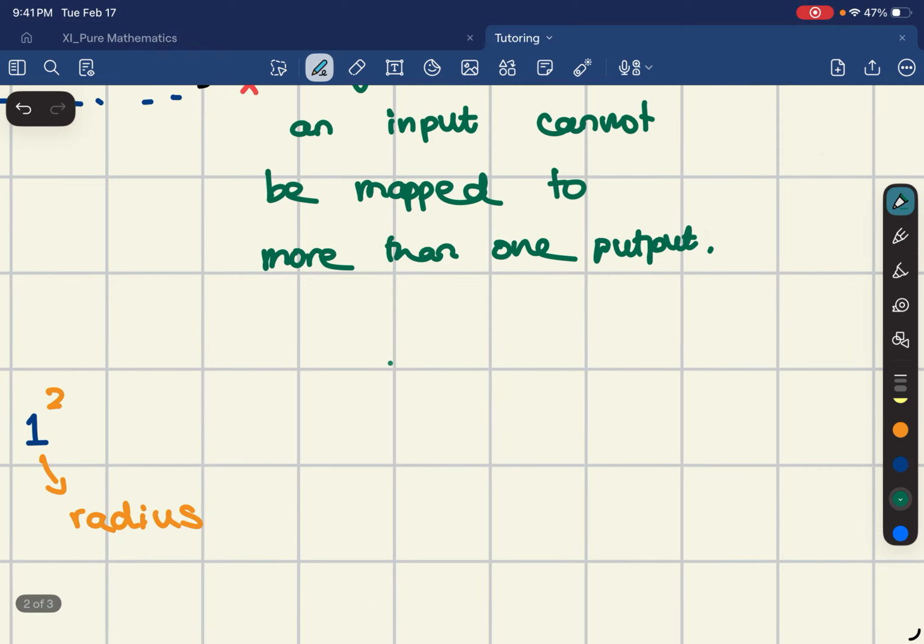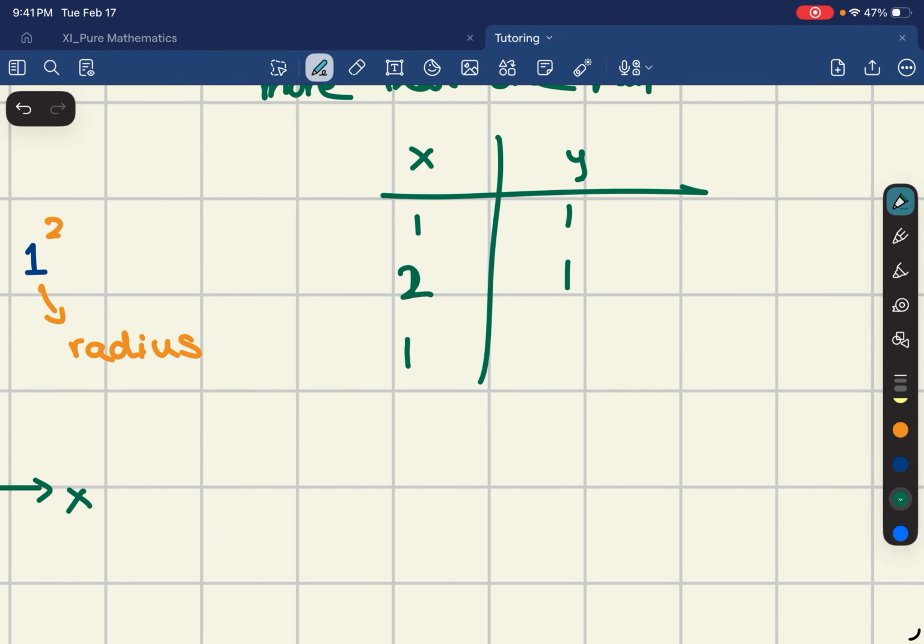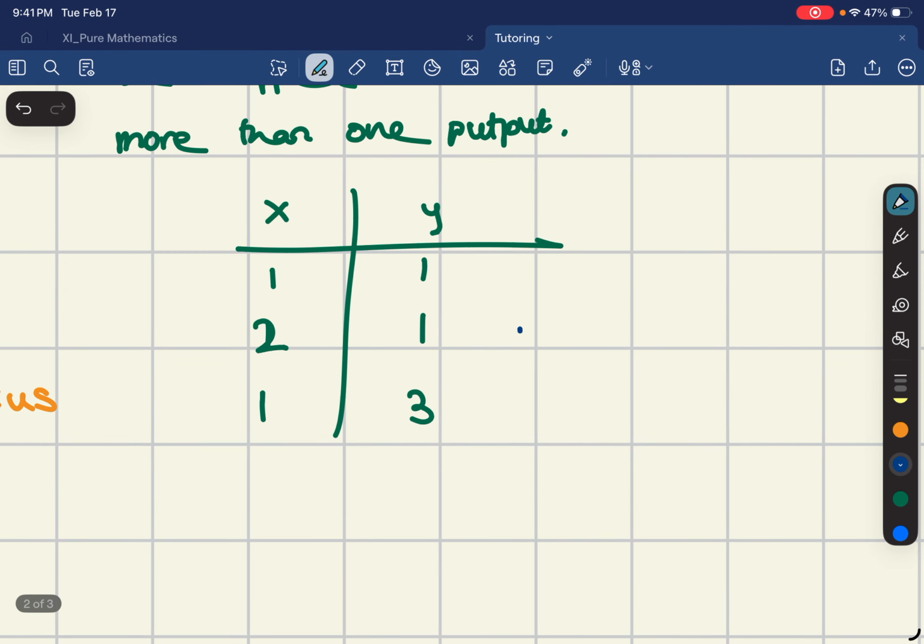So if I give you a table, x and y, and if I say if x is 1, y is 1, if x is 2, y is 1, if x is 1 again, y is 3, then this is not a function anymore. Not a function.